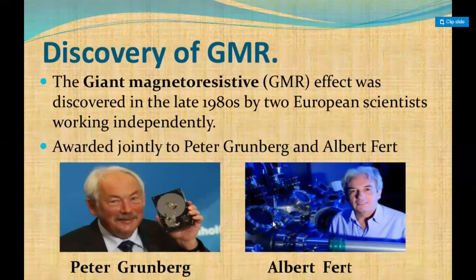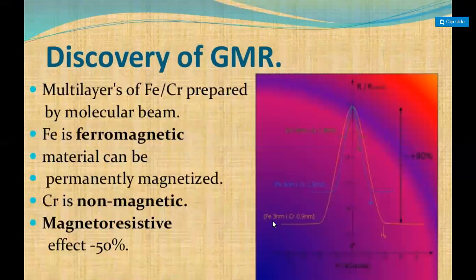The giant magnetoresistance effect was discovered in the late 1980s by two European scientists, working independently, Peter Grunberg and Albert Fert. The discovery of GMR was in a multilayer of iron and copper prepared by molecular beam epitaxy. Ferromagnetic material can be permanently magnetized, but copper is non-magnetic.